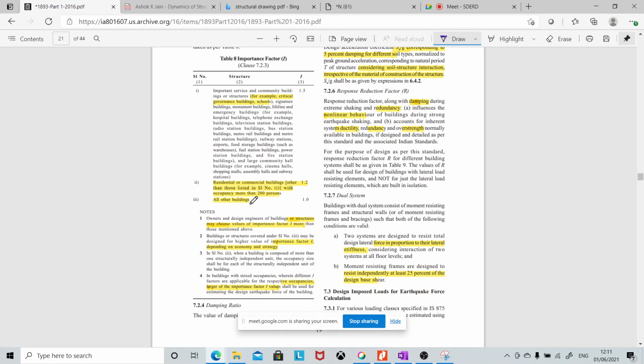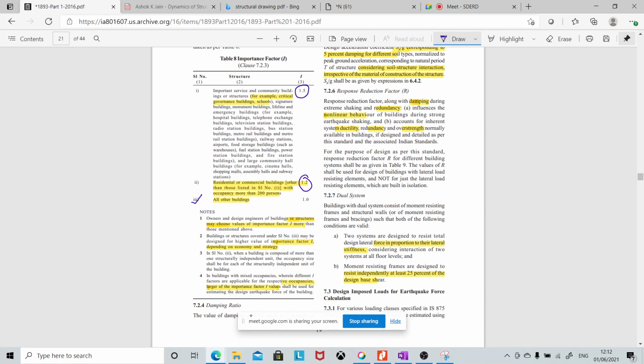In our question nothing is mentioned, so we will take it as a normal building. This is intermediate category 2, where the value is 1.2, and if it is a critical or lifeline structure as mentioned here, then you have to go for 1.5.